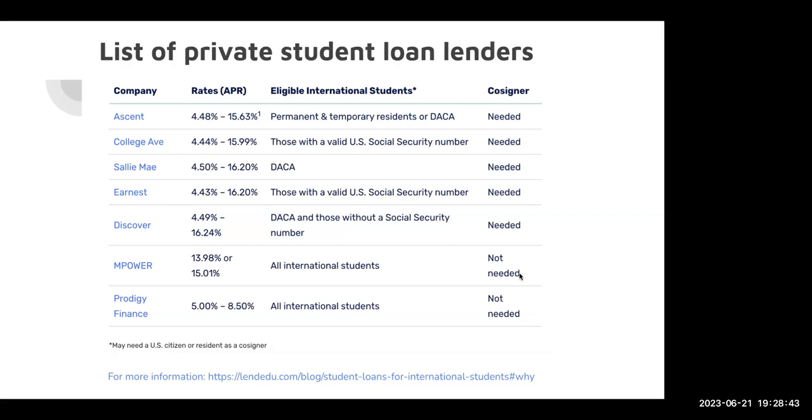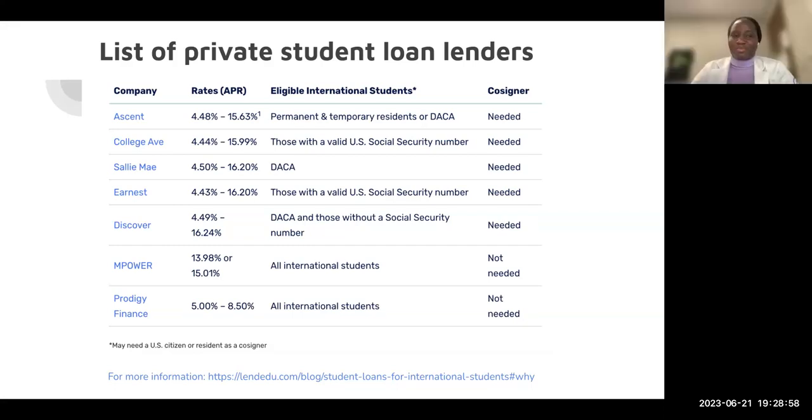Thank you. So just to make sure, you first find a student loan lender, you apply for the loan, and then you apply to medical school, or after you get accepted, you can look for a loan?